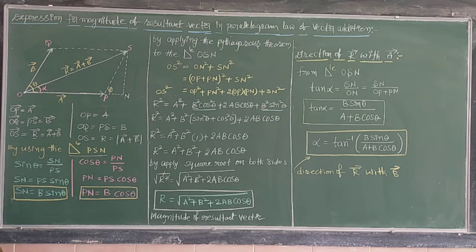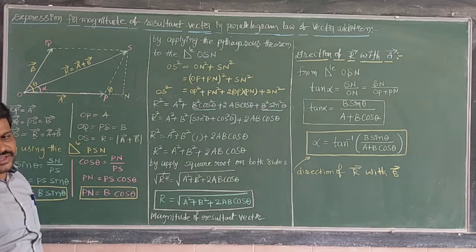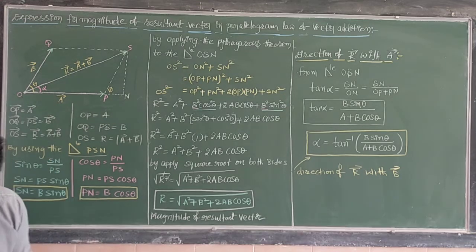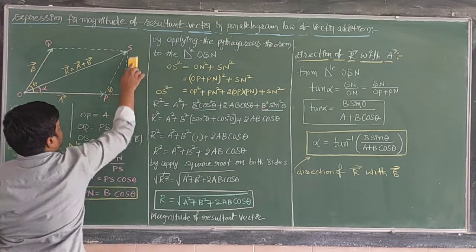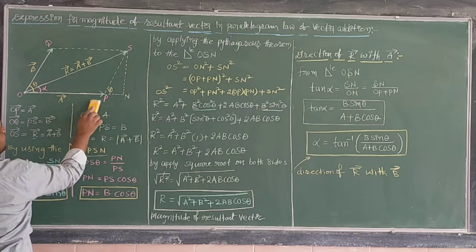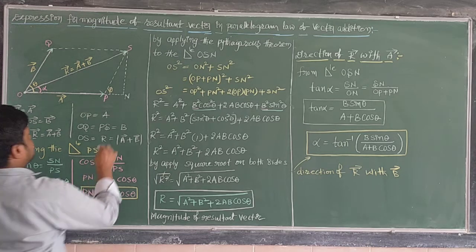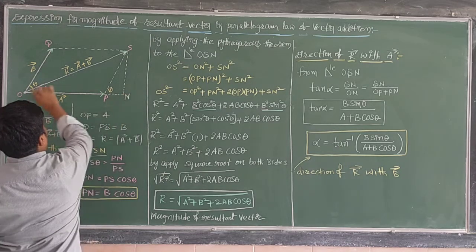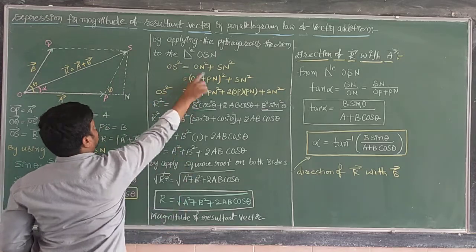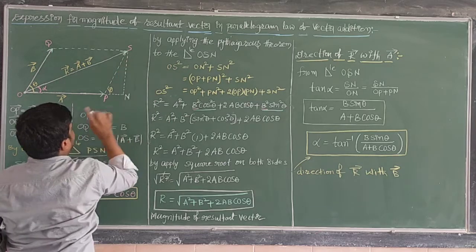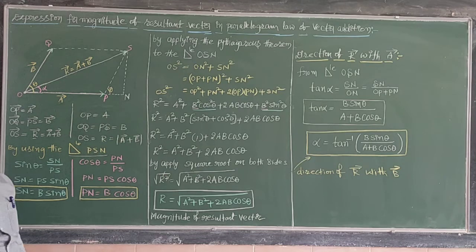Next, for the OSN right angle triangle, I have applied the Pythagoras theorem. The statement of the Pythagoras theorem: the hypotenuse OS square is equal to the sum of the other two sides, ON square plus SN square. From this I got the magnitude, and thereafter the direction also like that.